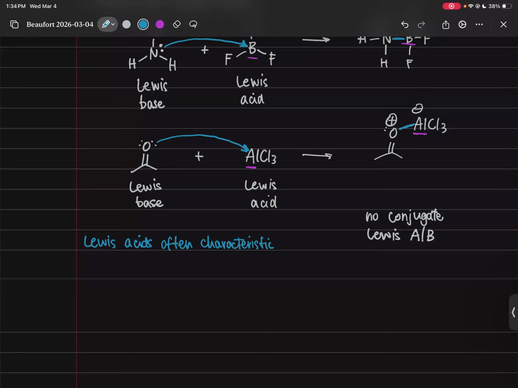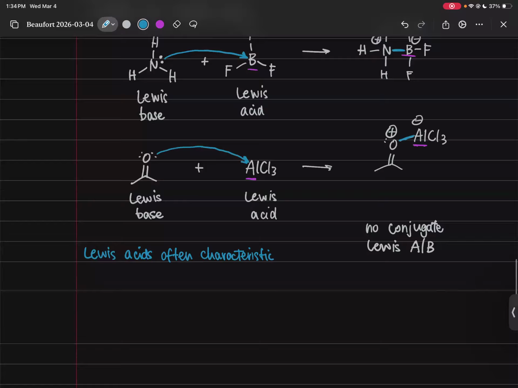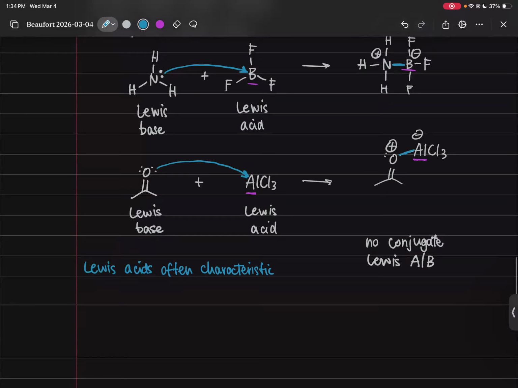In particular, Lewis acids, the best way to put this is, BF3 and AlCl3 are like classic Lewis acids. Really, their only purpose in life is to be a Lewis acid, and that is a common thing with Lewis acids. They're their own sort of category almost.